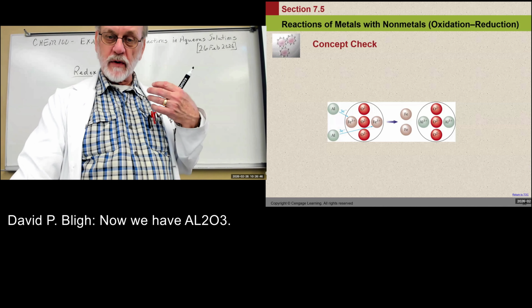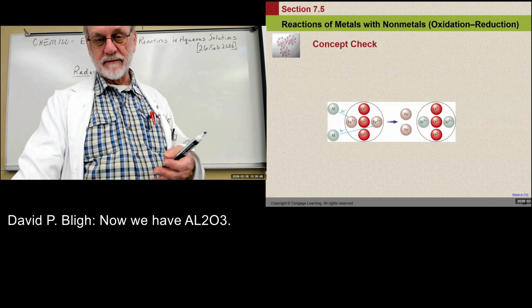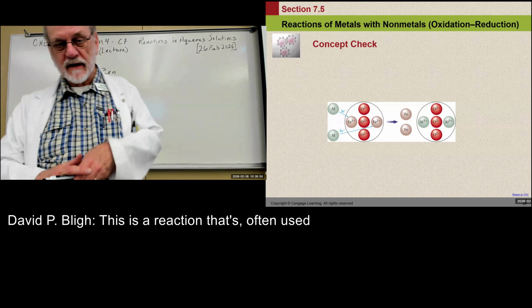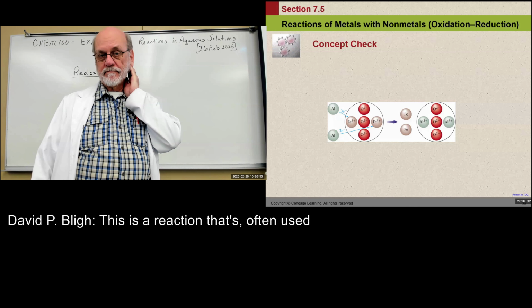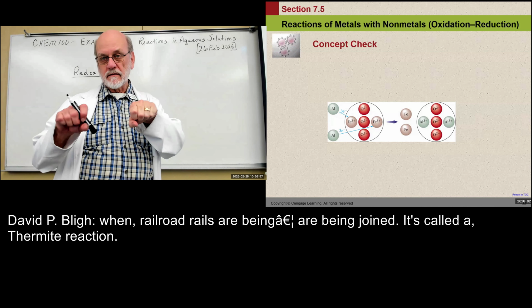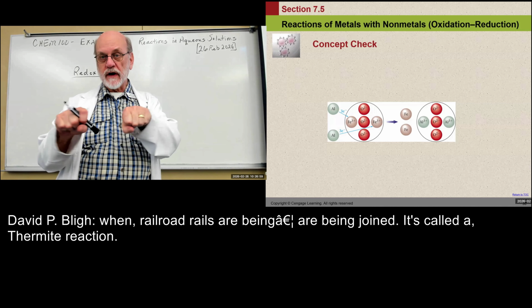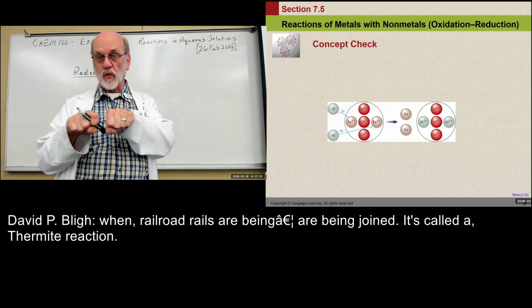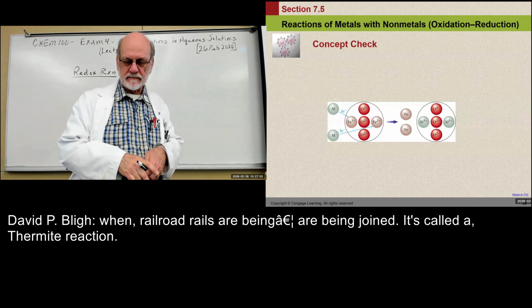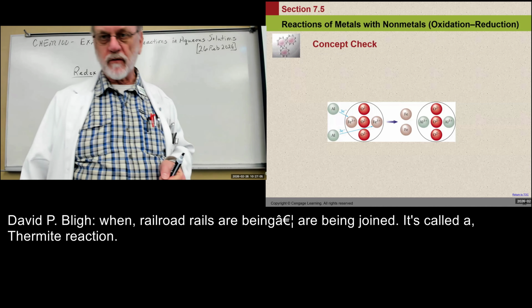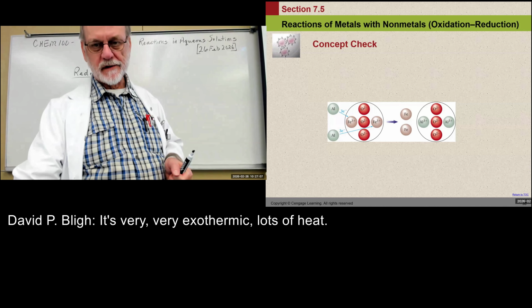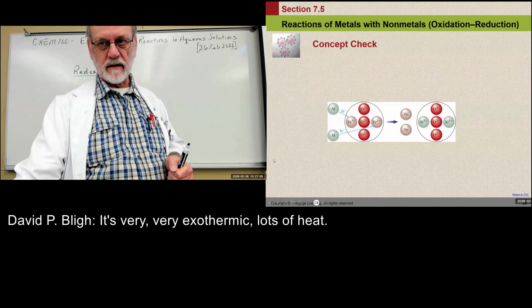And now we have Al2O3. This is a reaction that's often used when railroad rails are being joined. It's called a thermite reaction. It's very, very exothermic, lots of heat.